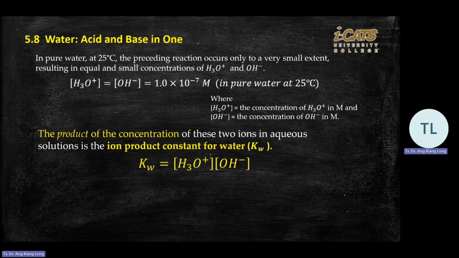For example, water at 25 degrees C is 10 power negative 7 M. So at 25 degrees C for water, you take 10 power negative 7 multiplied by 10 power negative 7, you get 1 times 10 to the minus how many? This is normal algebra.